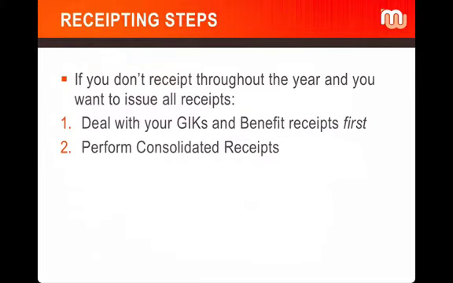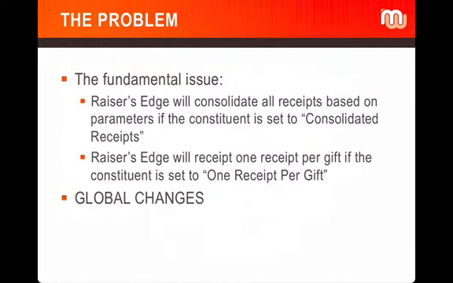So if you don't receipt throughout the year and you want to deal with all receipts, we have to deal with the GIKs and the benefits first or after, and then deal with the consolidated separately. That ends up creating a much more complicated procedure because it will receipt based on the constituent. So you have to either change one per or do global changes.